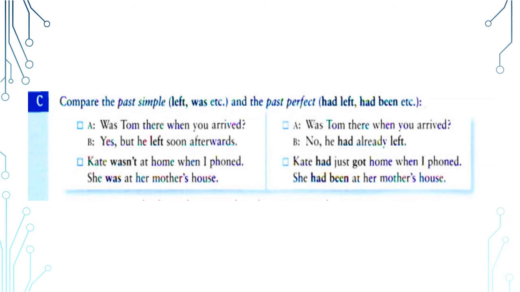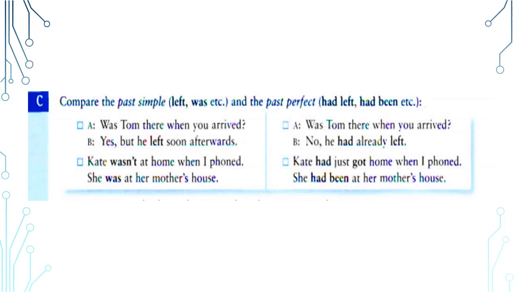Kate wasn't at home when I phoned. She was at her mother's house at the time. Kate had just gone home when I phoned. She had been at her mother's home.